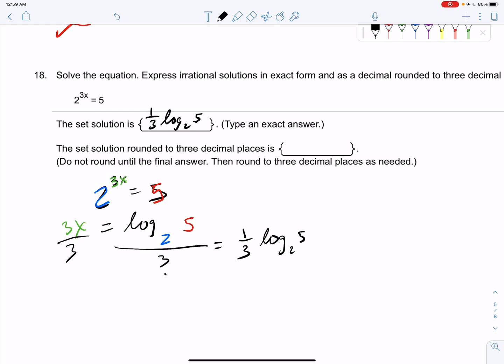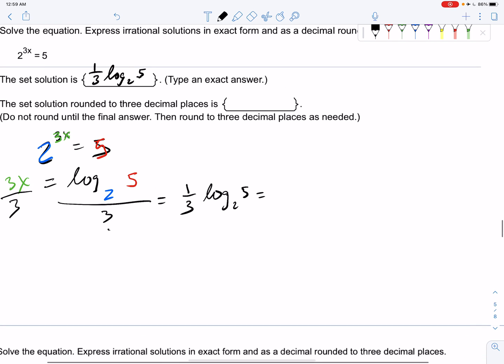And then for the approximation, of course, we're going to need to rewrite this problem using the change of base property. I could use common log or natural log. I'll just pick natural log: natural log of 5 over the natural log of 2. I think the easiest way to do this, after you get that answer, is to divide it by 3.